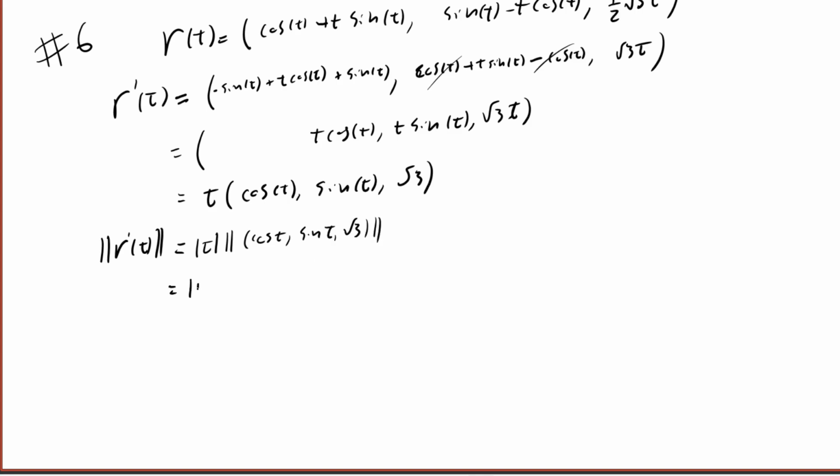So that's the absolute value of t times the square root of negative sine squared t plus cosine squared t plus 3. So that's 1 plus 3 is 4, so that's 2t.